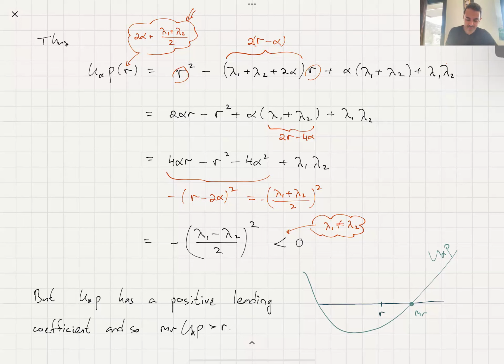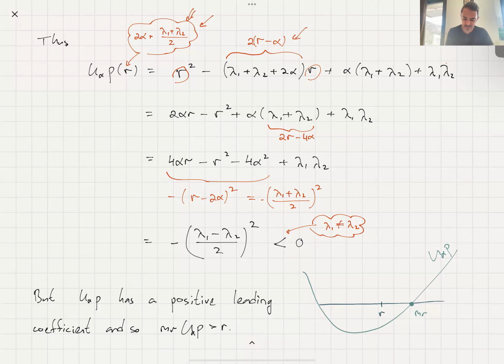Now, the point is that let's try to express everything in terms of R for now. The coefficient of what was x and now is R is exactly twice R minus alpha, right? Because this is R. So we can substitute that and rearrange a little bit, right?